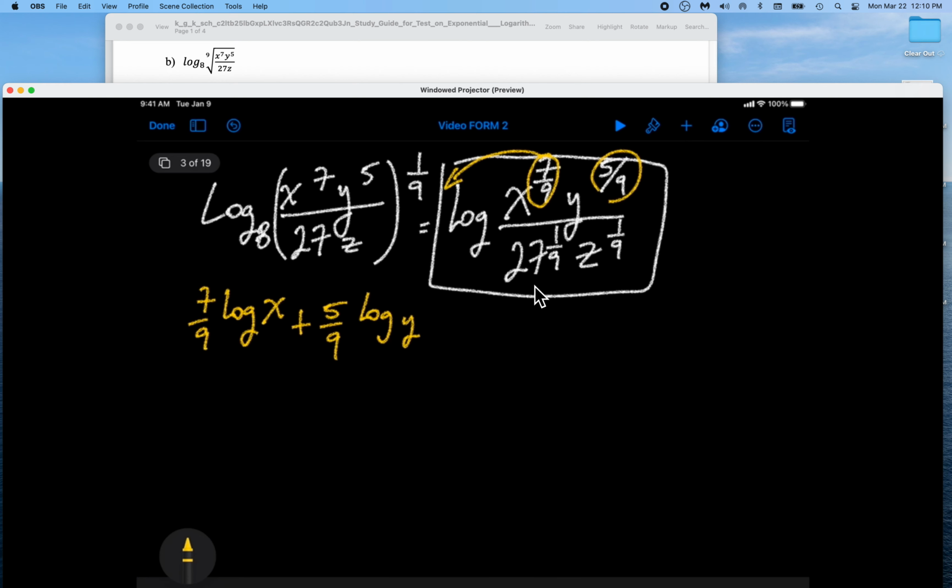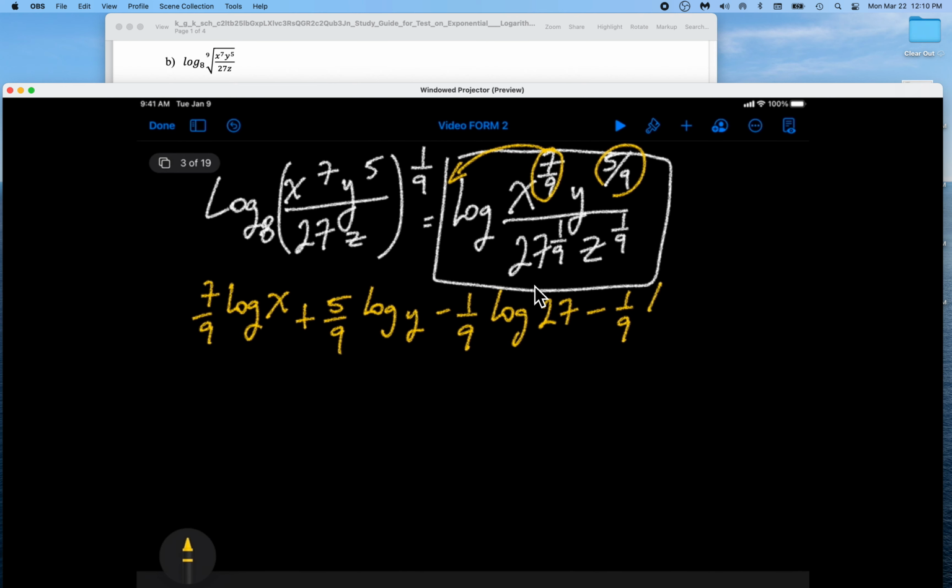All of these are base 8, by the way. Notice minus signs in front of these arguments because they were in the denominator to begin with. Okay, now let's look at simplifying this. Like I said, I think this can be simplified.